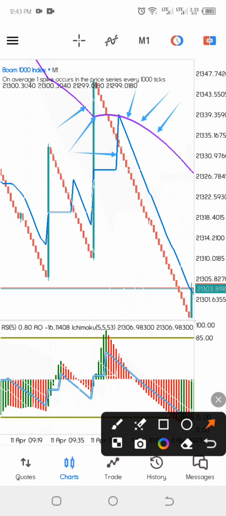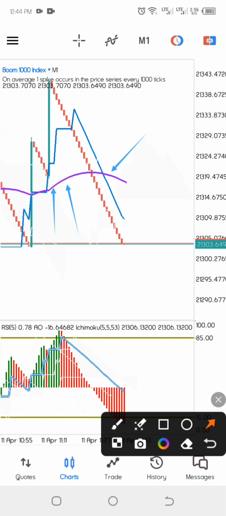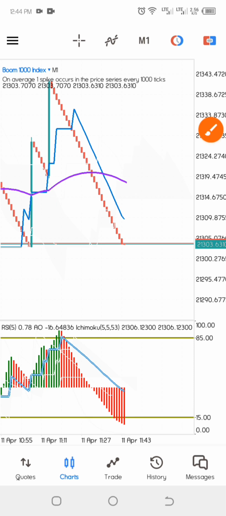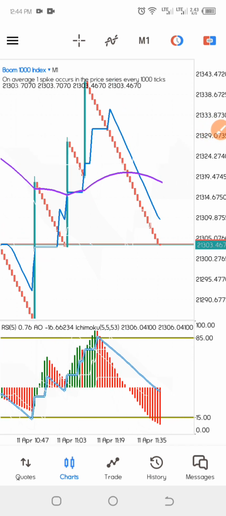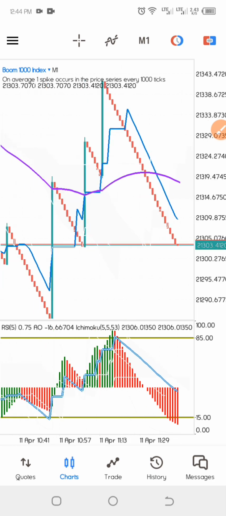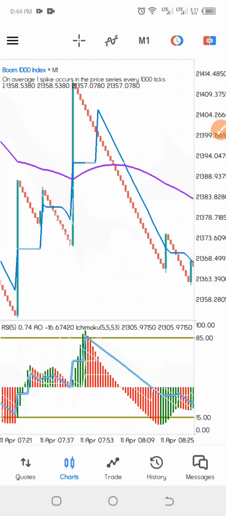But if you see it below the Ichimoku, then I can guarantee you will make profit using this strategy. So look out for fake signals. That is why the moving average is there, to keep you from fake entries.